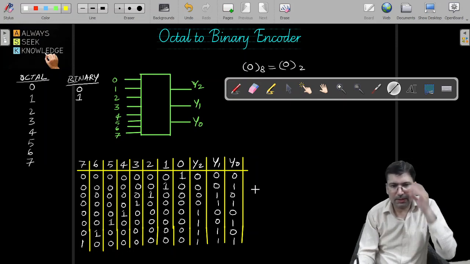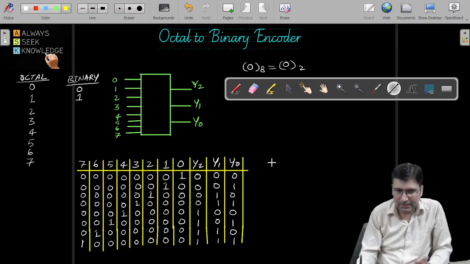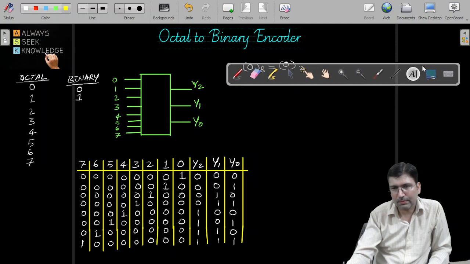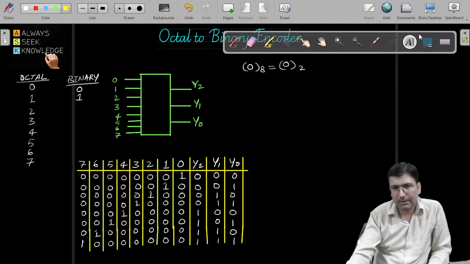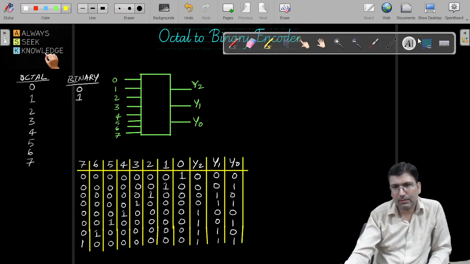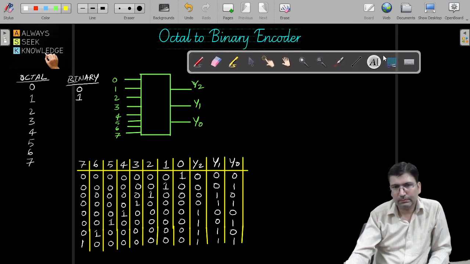Now let's write the Boolean expression for y2.